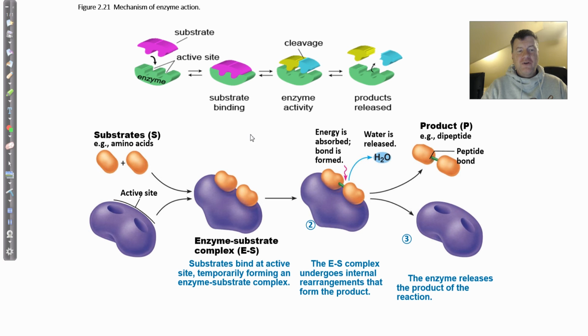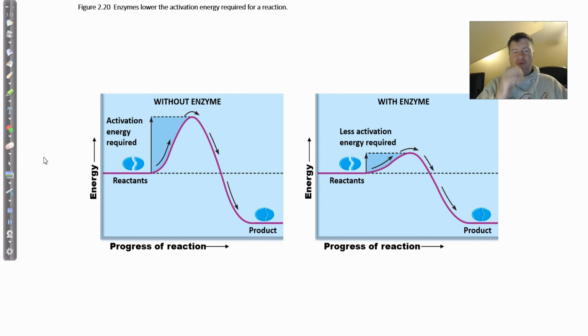Okay, so hang on, here we go. So how do enzymes work? Enzymes lower the activation energy for a reaction to happen. Don't stress about this too much except to understand what that concept means. Activation energy is the energy required, in this case, to force two things together.